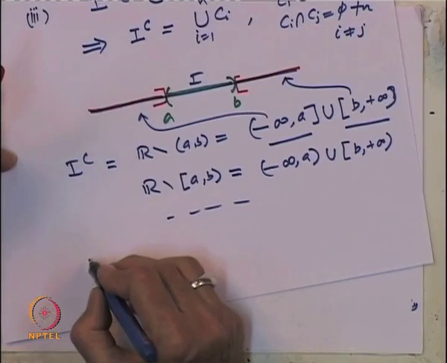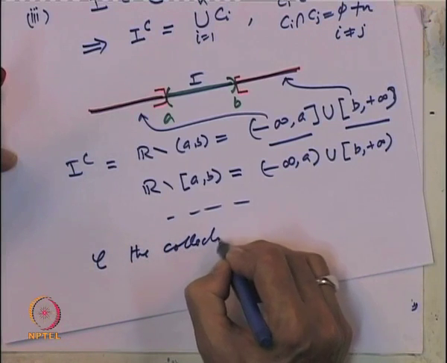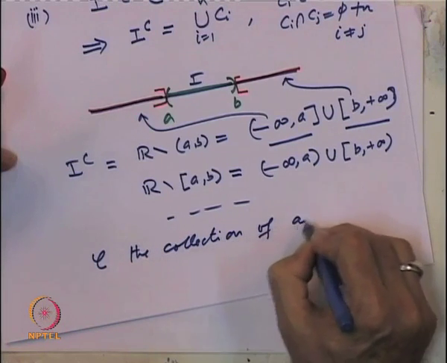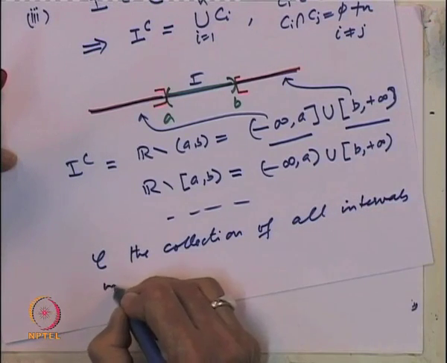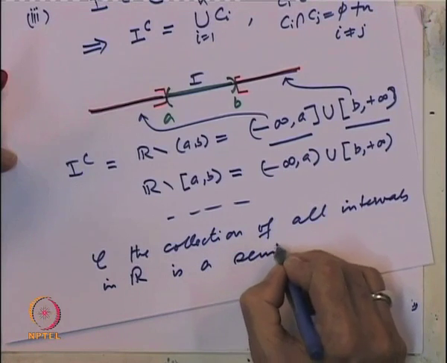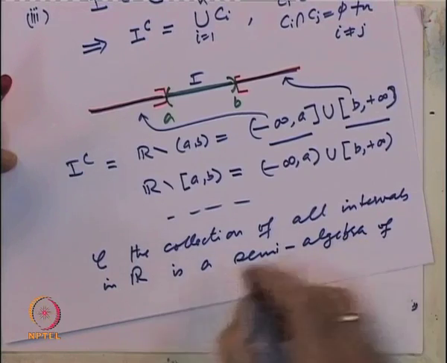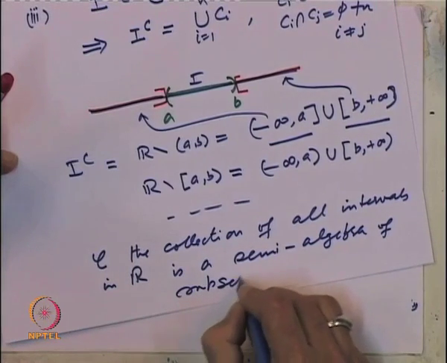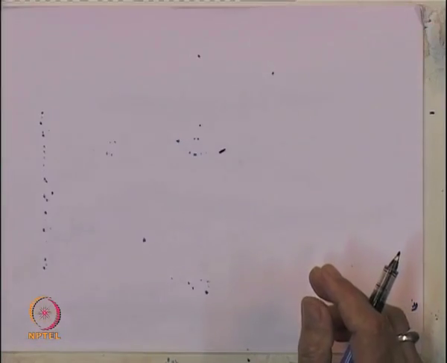So, we have verified that C, the collection of all intervals in R, is a semi-algebra of subsets of the real line.